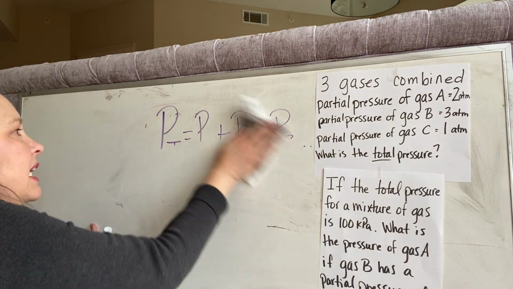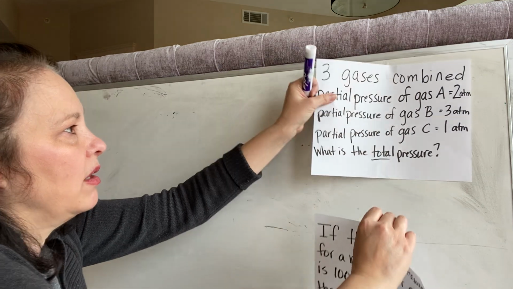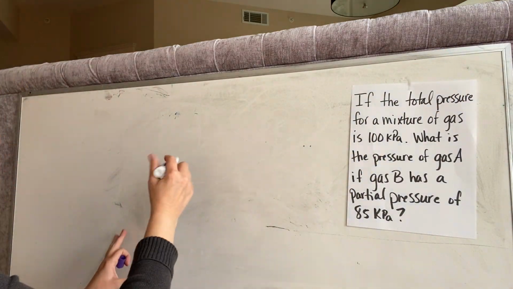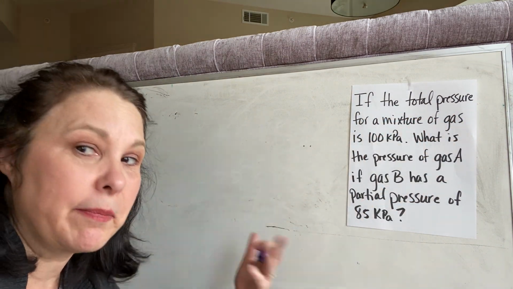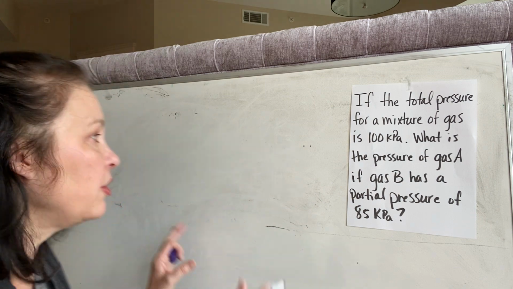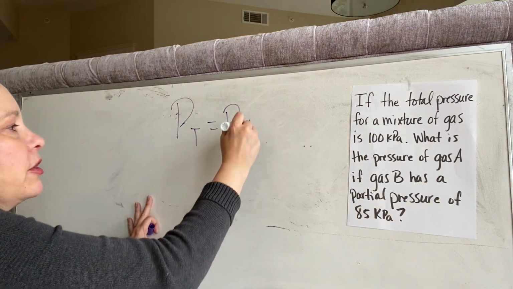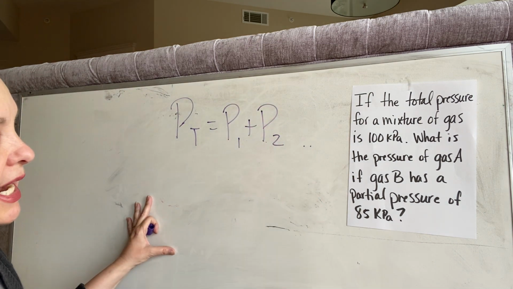So then what if I ask it a different way? And again, the total pressure for a mixture, those keywords, mixtures, combining gases, those are going to let you know that you have to use Dalton's law of partial pressure, which says this. Now, this one only deals with 2 gases, I think.